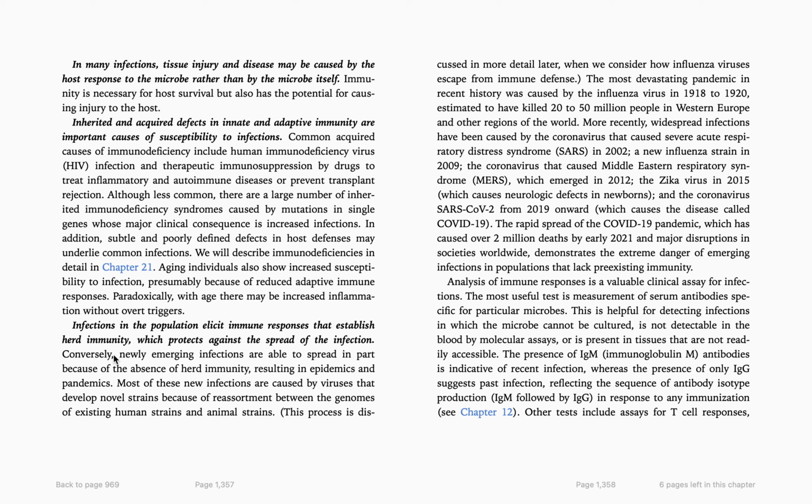The rapid spread of the COVID-19 pandemic has caused over 2 million deaths by early 2021. The major disruption in society worldwide demonstrates the extreme danger of emerging disease in populations that lack pre-existing immunity.